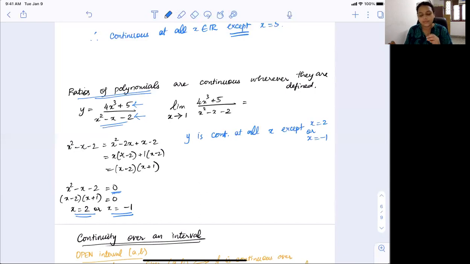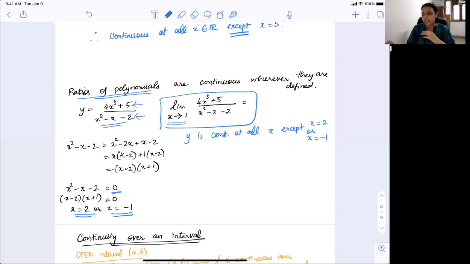And therefore, we know that the function is going to be continuous at all points except when x is 2 or minus 1. So when I ask you to find the limit as x tends to 1, then the function is continuous when the value of x becomes 1. So in order to compute the limit of this expression, all you have to do is plug in the value of 1 into this fraction and compute the limit.